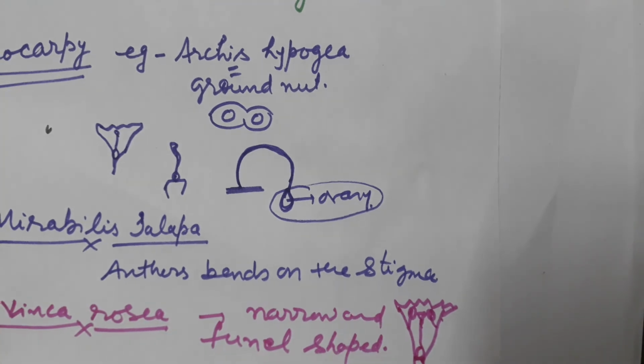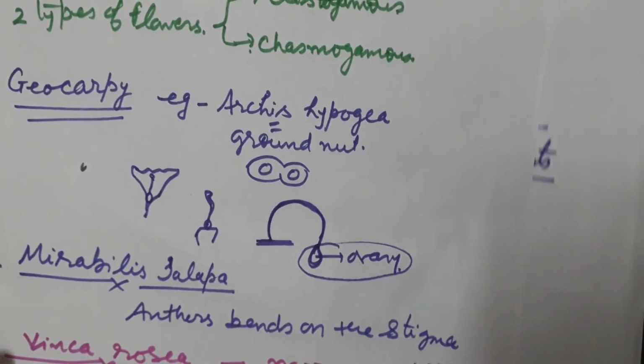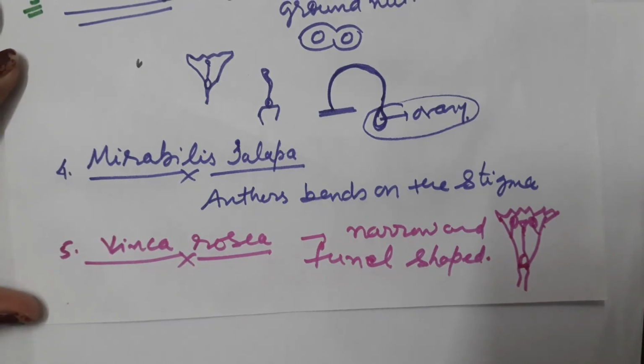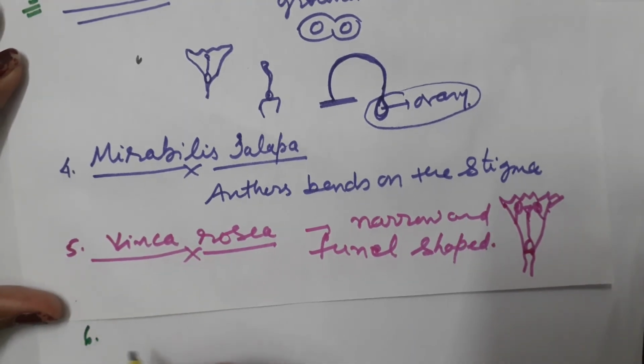Next, we can observe self-pollination in case of Solanum tuberosum, that is potato.